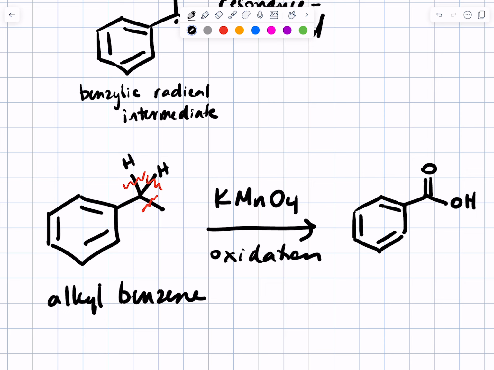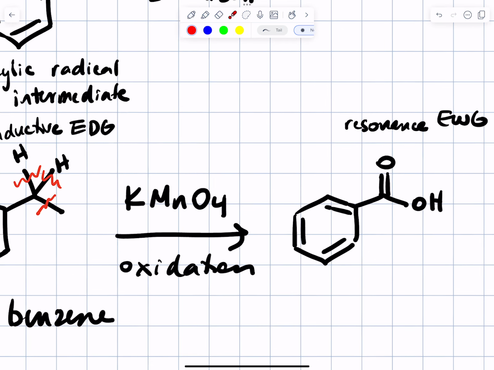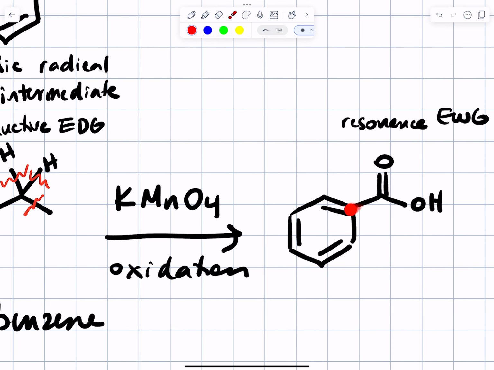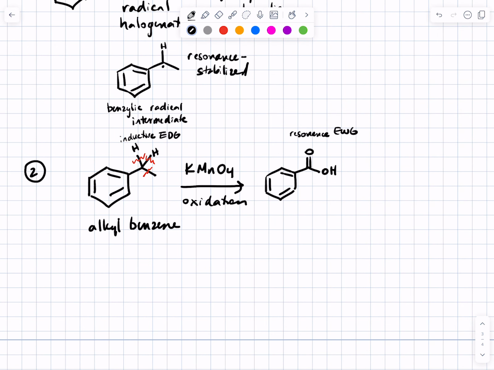But notice that this converts something which was an inductive electron donating group into something that fits the pattern for being a resonance electron withdrawing group. That is, you have a carbon, at the benzylic position, you have a pi bond to an electronegative atom. Okay? And of course, you can do all sorts of things with carboxylic acids, right?